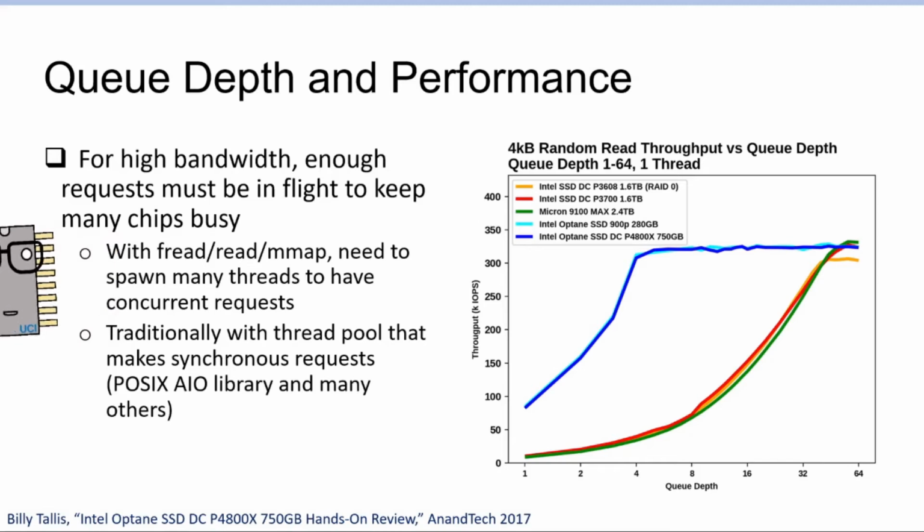But if your application is random access intensive and you're using fread to send out very small read requests, 4 kilobyte read requests, 128 byte read requests, or something like that, then every time you call fread, you will be using the underlying storage at a queue depth of 1.